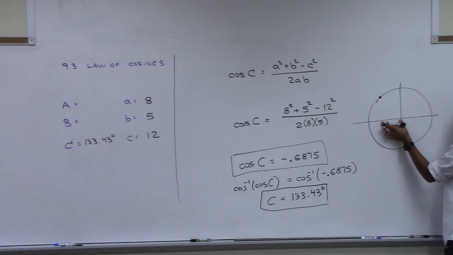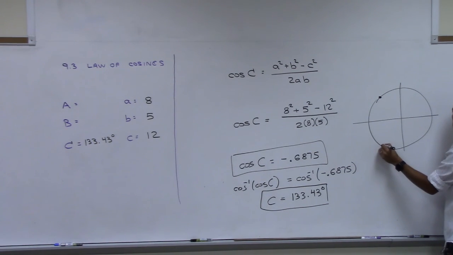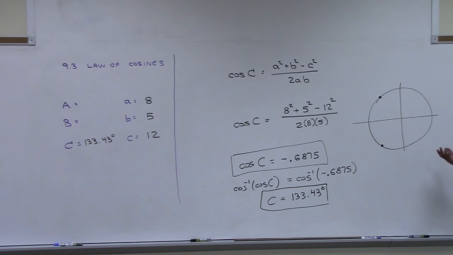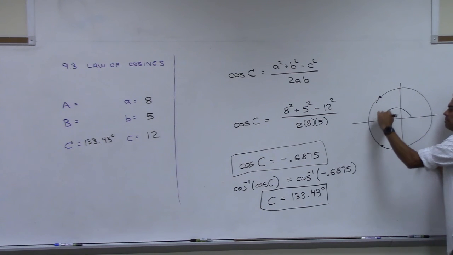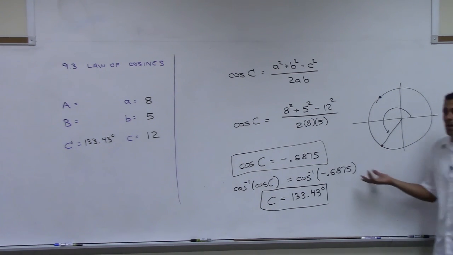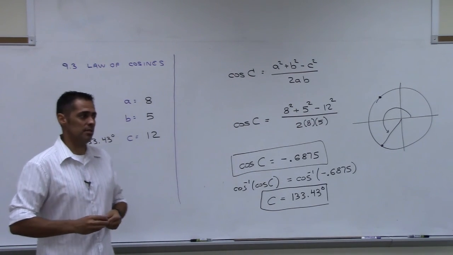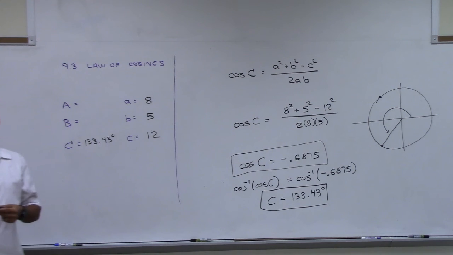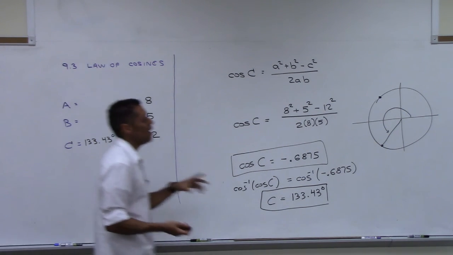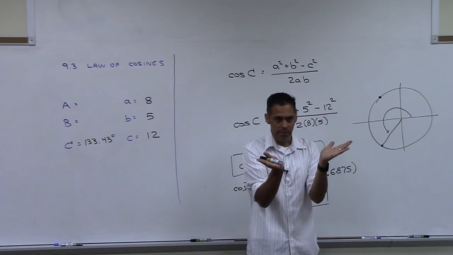The other possible answer is down here. Why can't that be? That angle is bigger than 180, and this is an angle in a triangle, so it can't possibly be bigger than 180. So there is only one answer possible. Even though cosine might eliminate a possible solution, that solution lives outside of what's possible for a triangle.